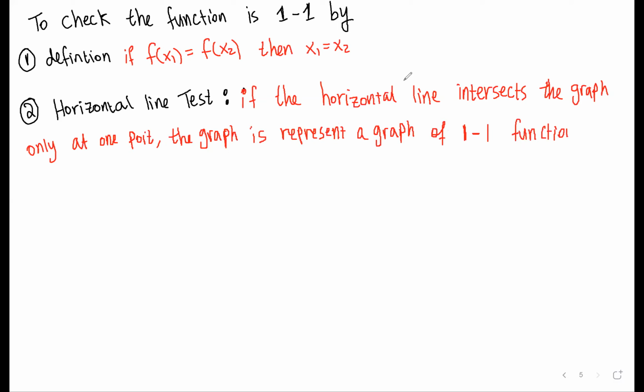This is just the definition to know the meaning of the horizontal line test, but I'm going to explain that by the example below. So the example says, this is the most important. Which of the following are 1-to-1 functions by using the horizontal line test? I will start by giving you the example for the horizontal line test.